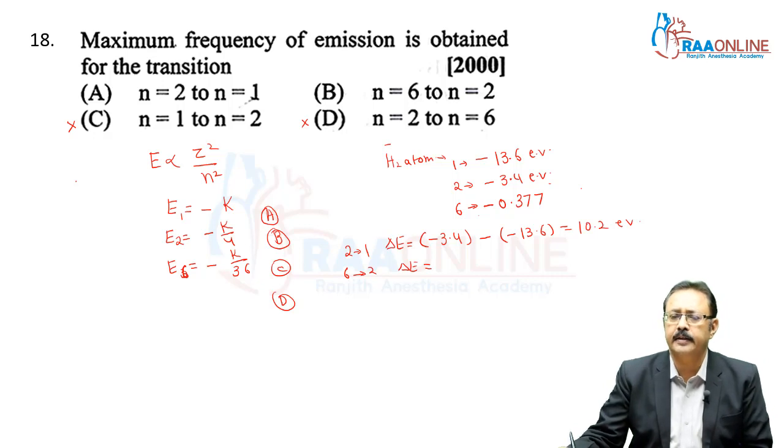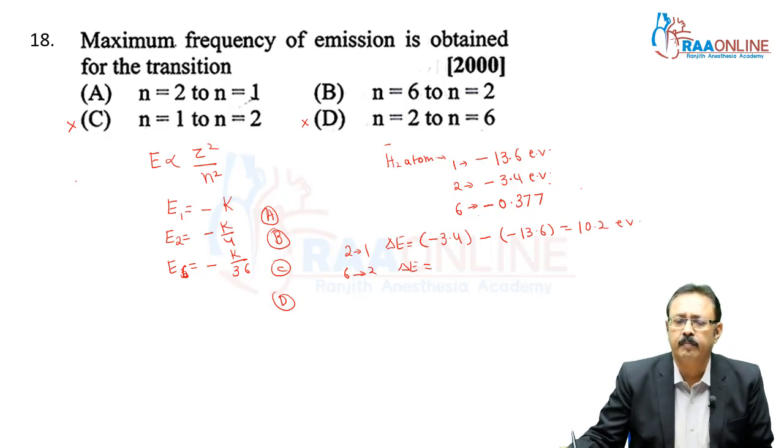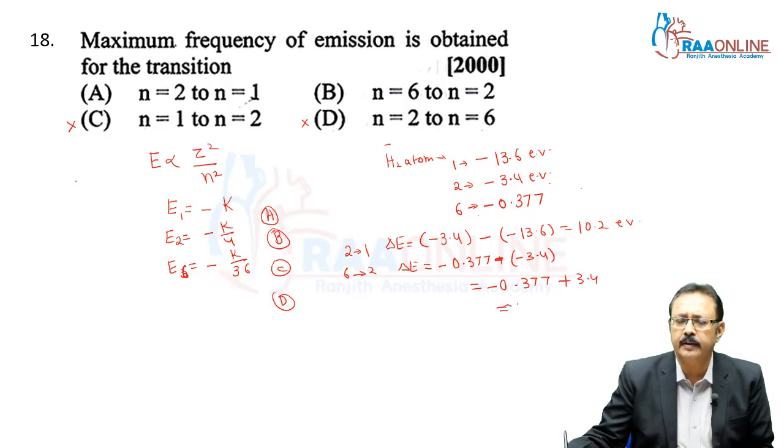In 6th energy is minus 0.377, plus in second it was minus 3.4. It is emitting minus 0.377 plus 3.4. So we will get nearly 3 electron volt.